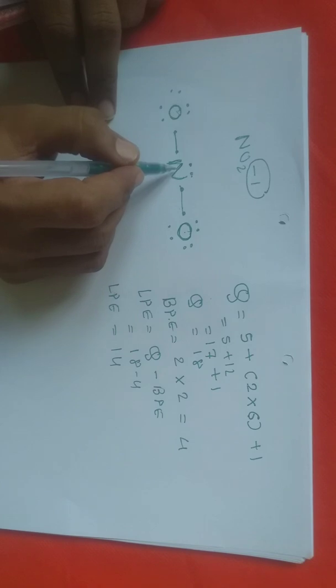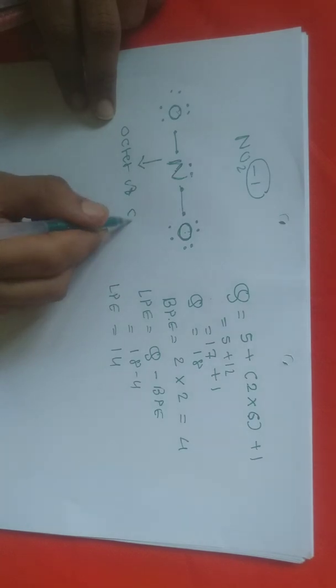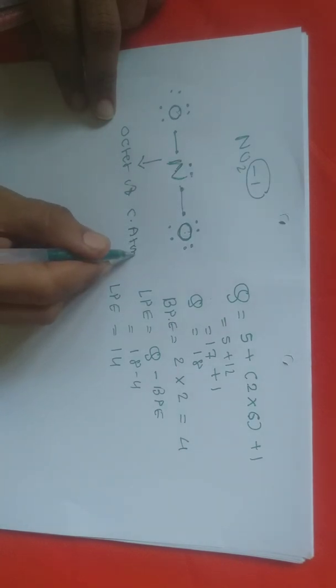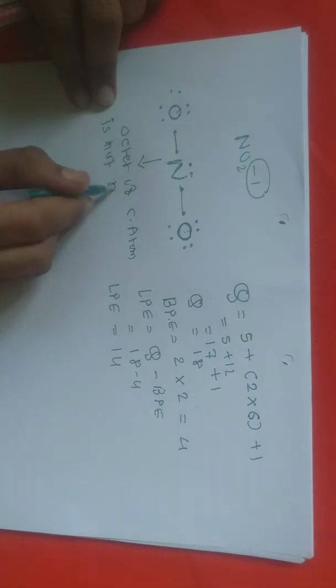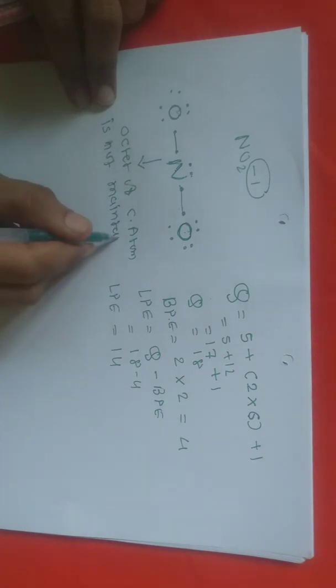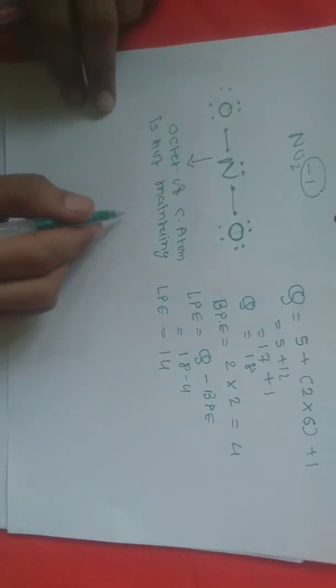So the octet of this center atom is not maintained. So what do I have to do? I have to maintain the octet of this center atom.